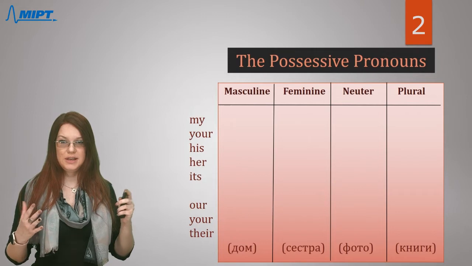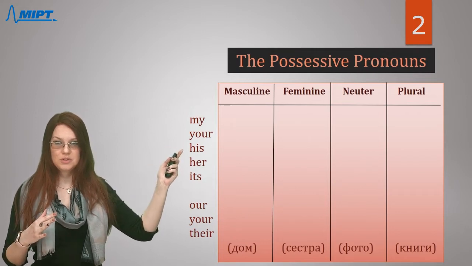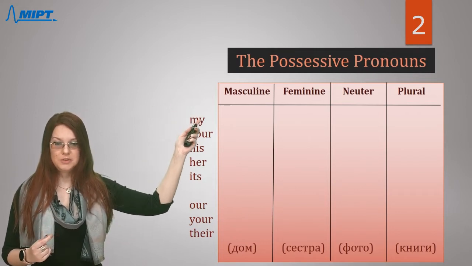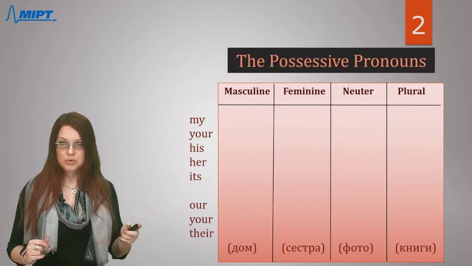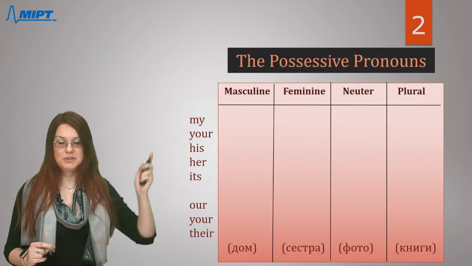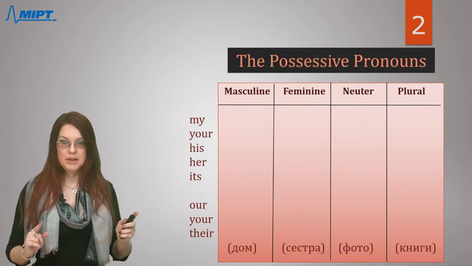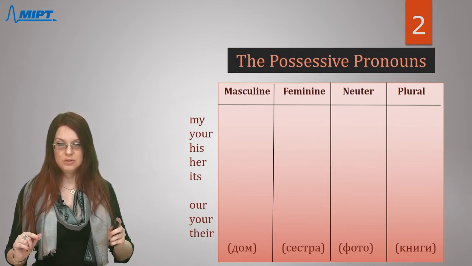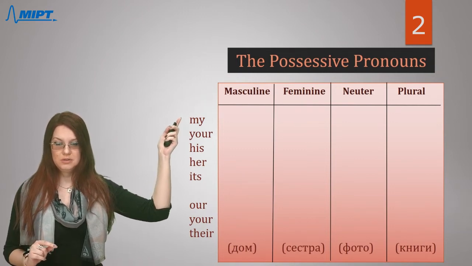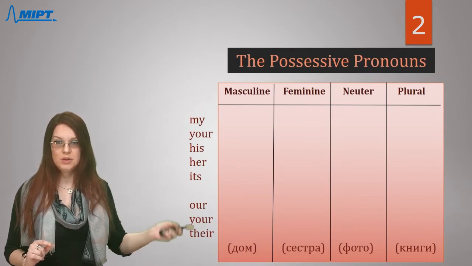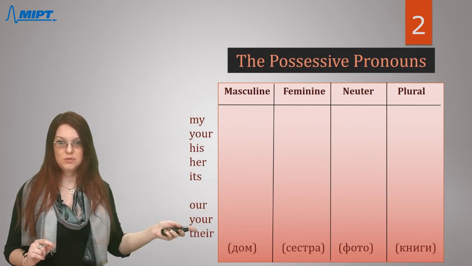I mean, they have, you see, 4 forms: special form for masculine, for feminine, neutral, and one more form for plural. The forms of the possessive pronouns depend on noun. So, if this noun is masculine, for example, дом, we will choose these forms.